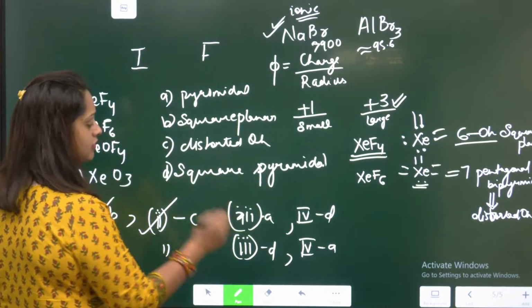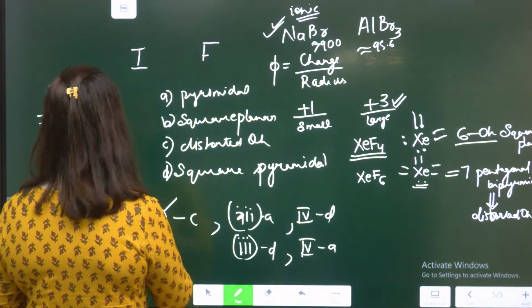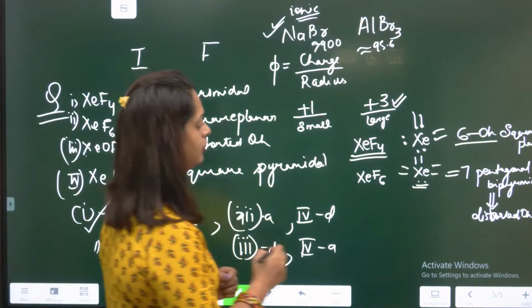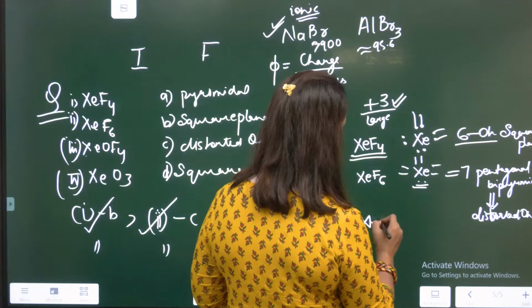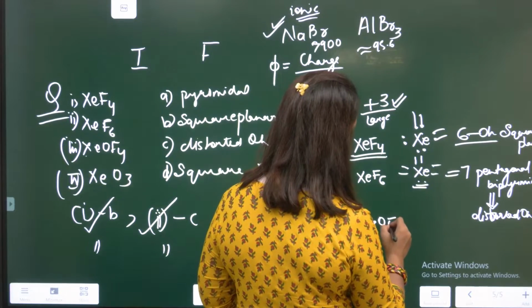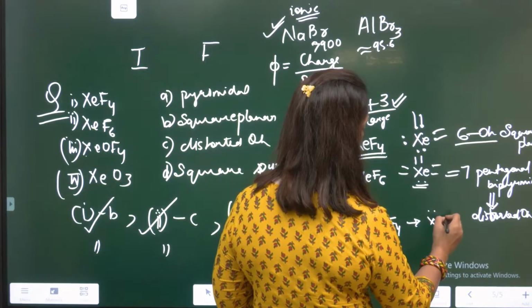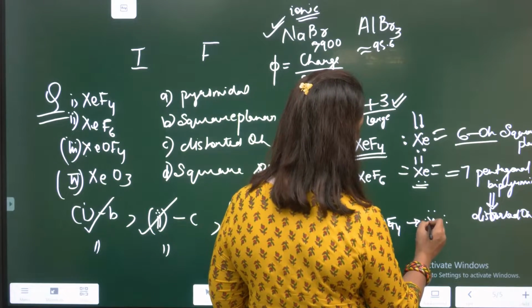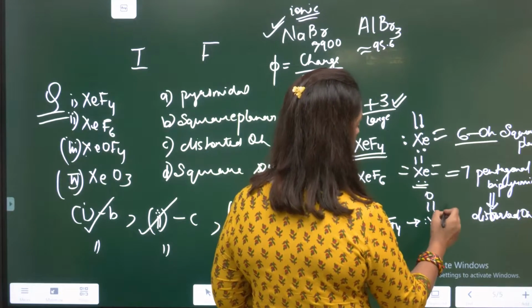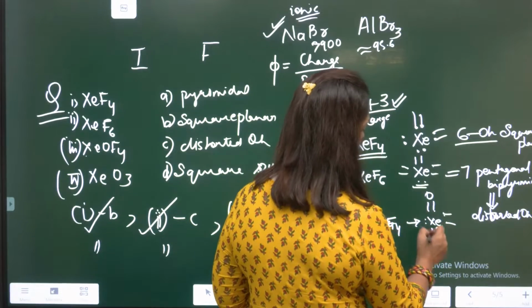Now there is a confusion between 3rd and 4th. 3rd is XeOF4. In this case, 1, 2, 3, 4, 5, 6, 7, 8. Double bond to the O and single bonds to fluorine.